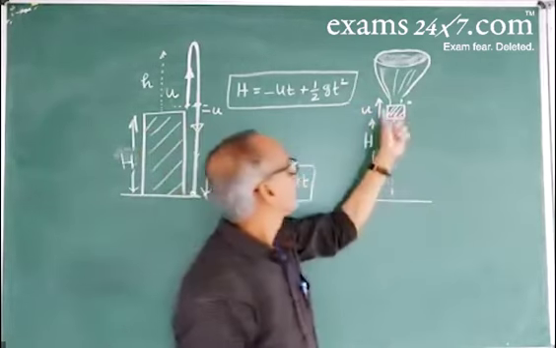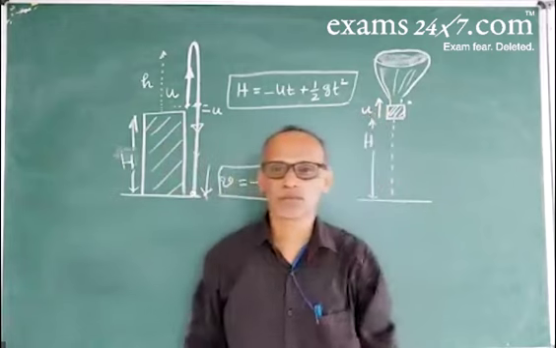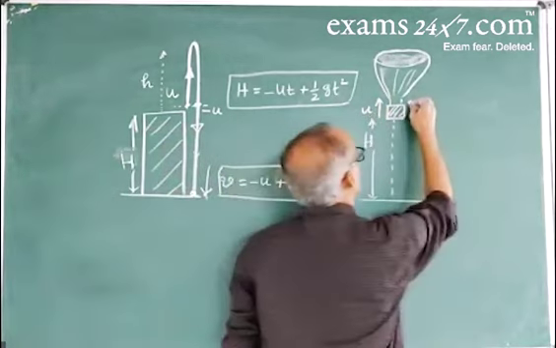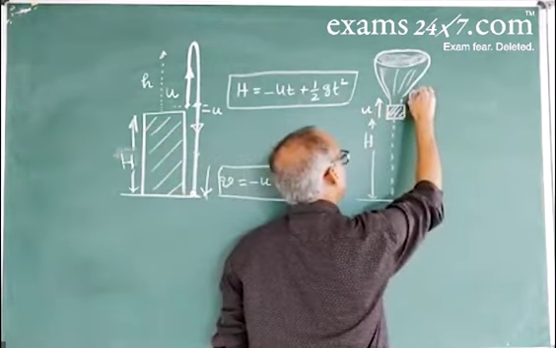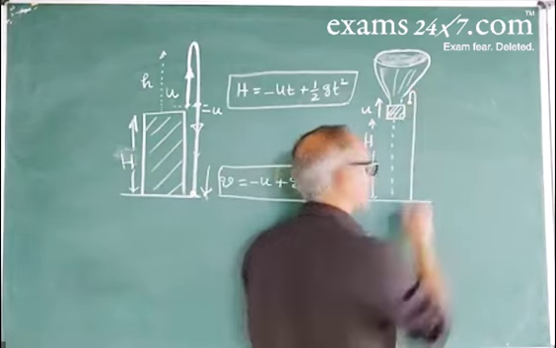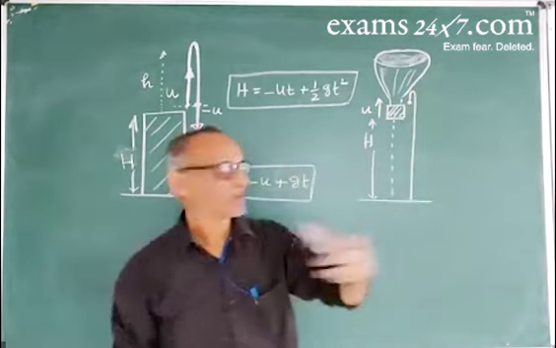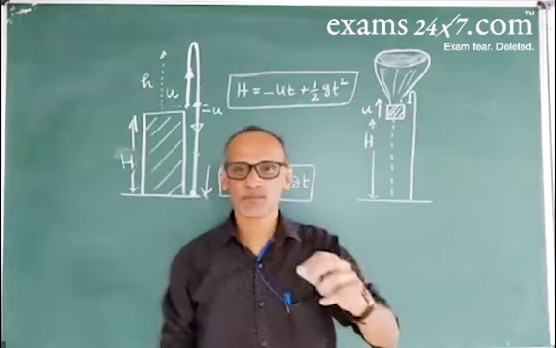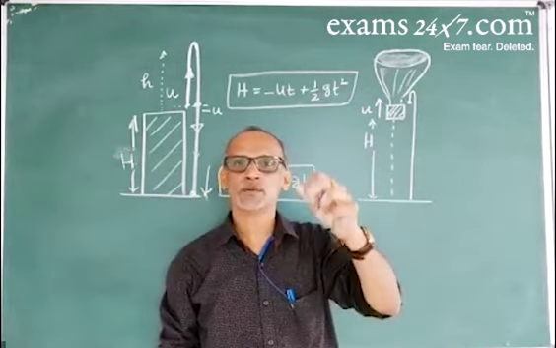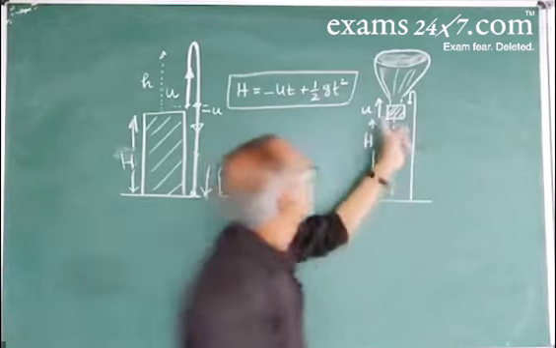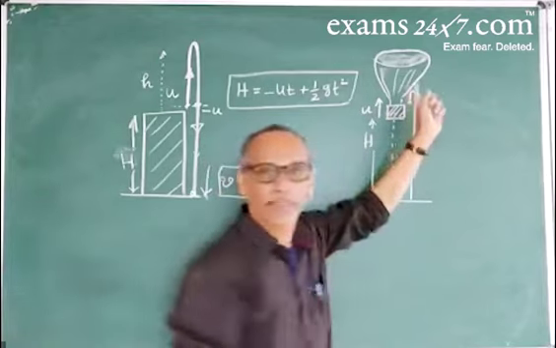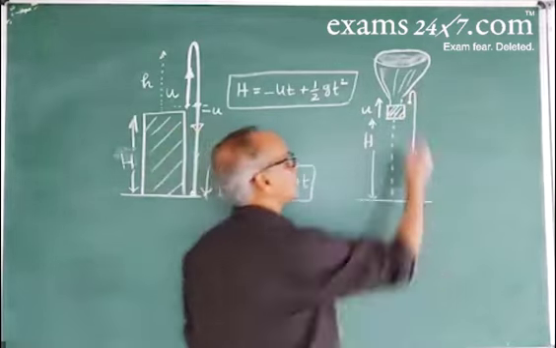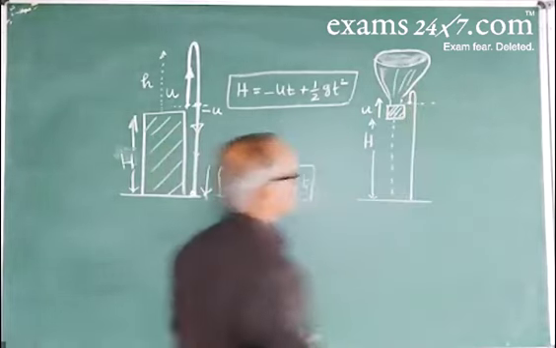Now, because of the velocity of the balloon, the stone will move in the upward direction and then it will fall back. Even though the stone is dropped, because of the velocity of the balloon, it will continue to move upward to a certain height, and then it will fall back. So what is the net displacement in this case?